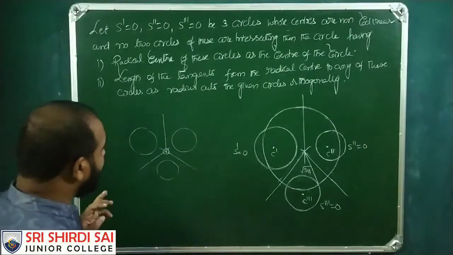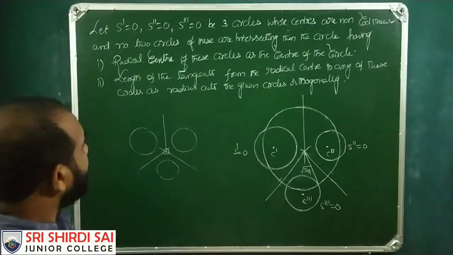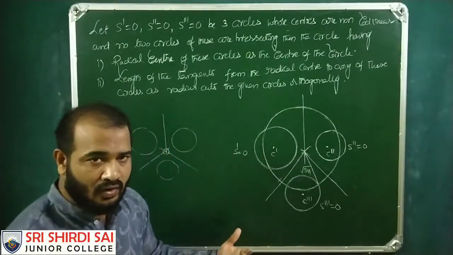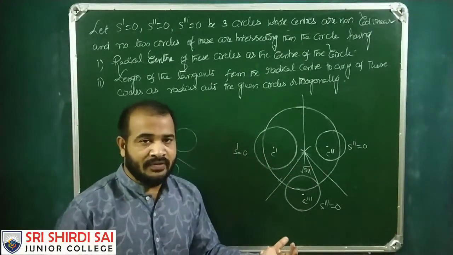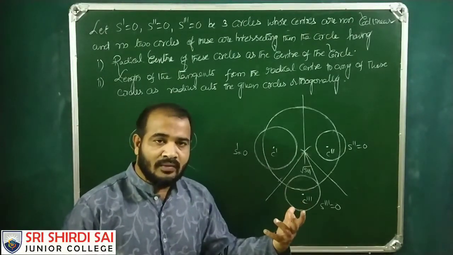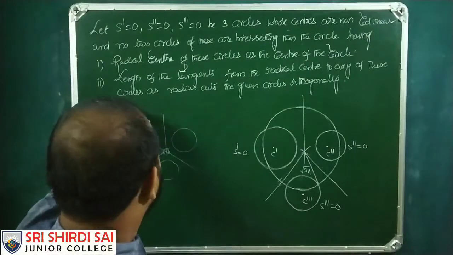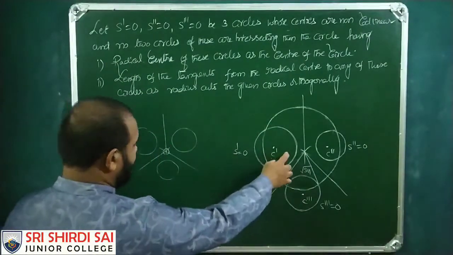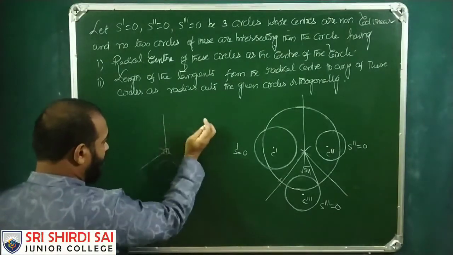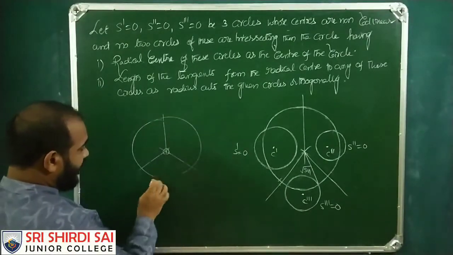Okay, so here, cutting these three circles, one big circle is formed. This circle cuts these three circles orthogonally. We are familiar with orthogonality. If two circles cut each other at 90 degrees, it is said to be orthogonal. This is the center now, and then this is the circle.